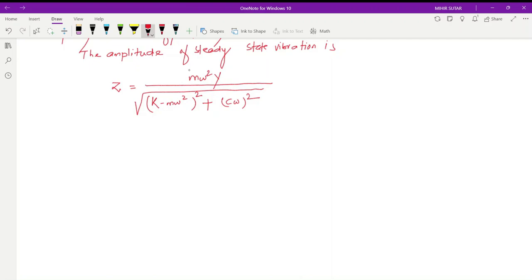Instead of F, we substitute this m omega square Y. This equation we have already got in the displacement form of forced vibration.